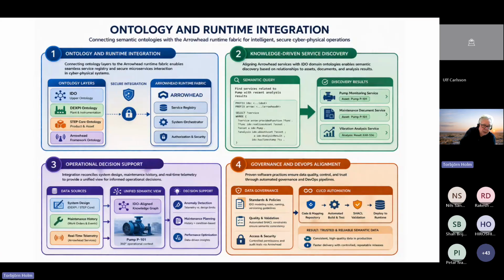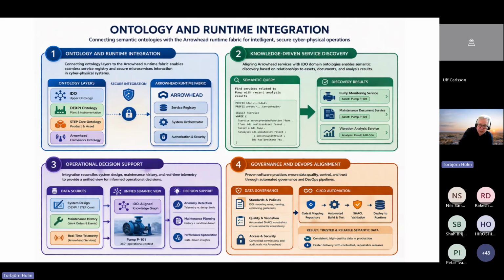One thing that's really cool, I like to say, is that we have this Arrowhead framework ontology, where we have the living data of the sensor readings in the cyber-physical system available together with the STEP core ontology, the DEXPI ontology, all aligned through the IDO upper ontology. So we can do knowledge-driven service discovery, which is really, really interesting.